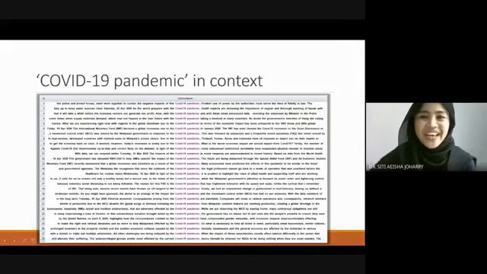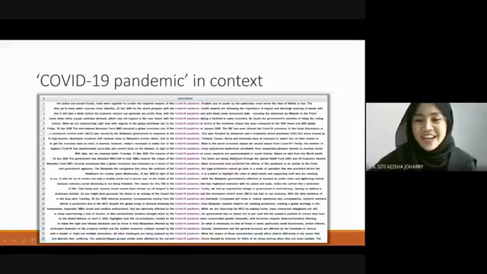Okay, here is COVID-19 pandemic in context. I remember the next step, after collocation analysis, is to look at concordancing. So this is what I meant by a concordance tool would neatly put your search term in the middle, and then you would have context to the right and to the left of your lines here.